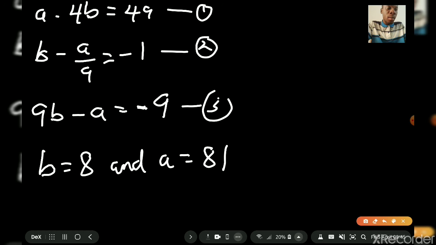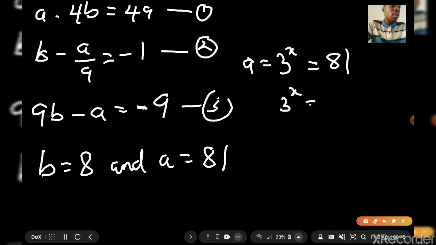Okay, but we said that a is equal to 3 raised to the power x, the same as 81. So we are going to use laws of indices: 3 raised to the power 4, since the bases are the same, x is equal to 4.